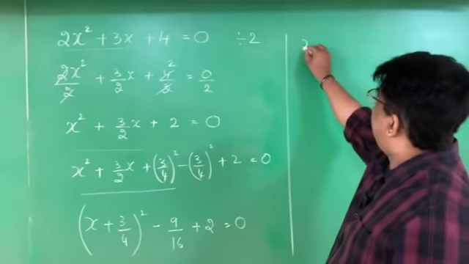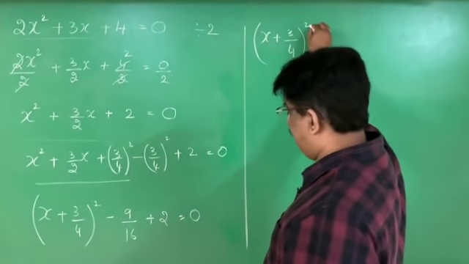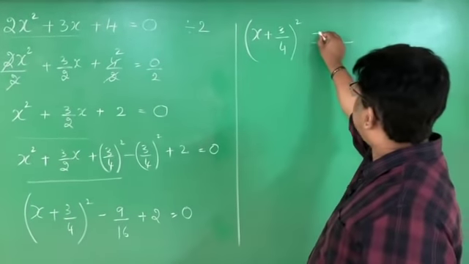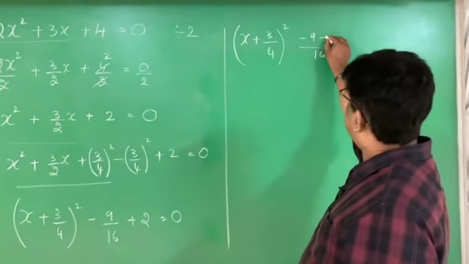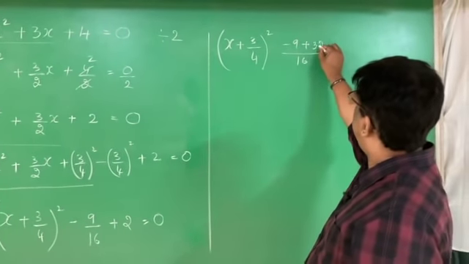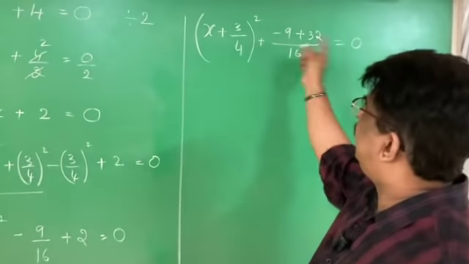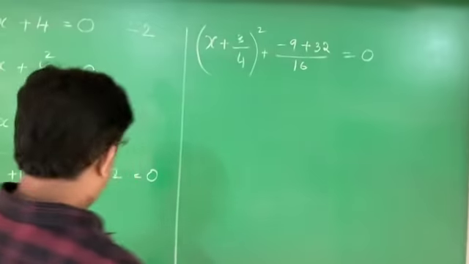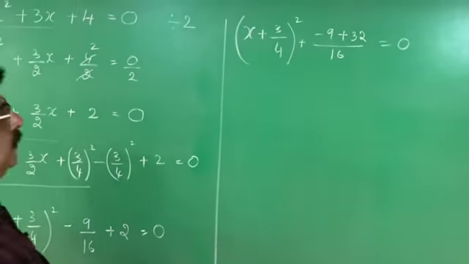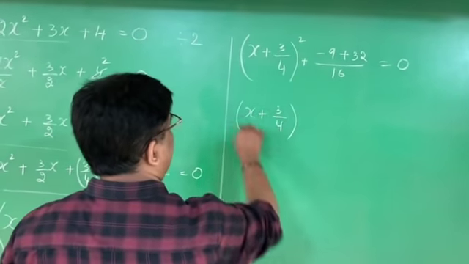See, the next step is x plus 3 by 4 whole square. Here the LCM is 16. Then it becomes minus 9 plus 16 into 2. 16 into 2 is 32. Here there is a sign that is plus. 16 is the LCM, minus 9 plus 32 is equal to 0.